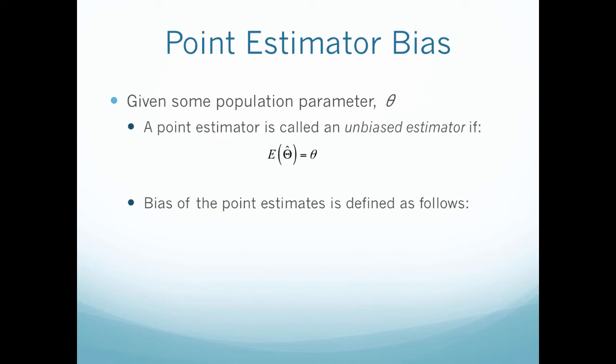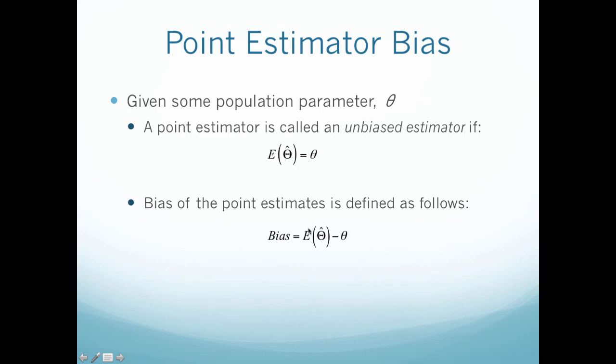So the bias of a point estimate is defined as follows. We say the bias equals the difference between my expected value and my population parameter. So once again, if my statistic, or what I'm predicting, equals my parameter, then it's an unbiased estimator.